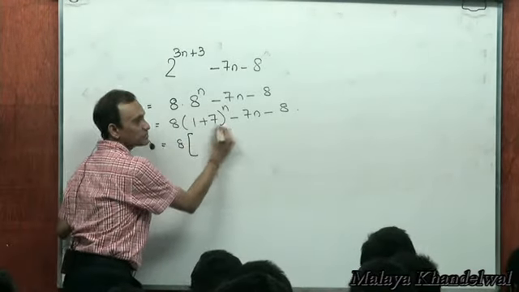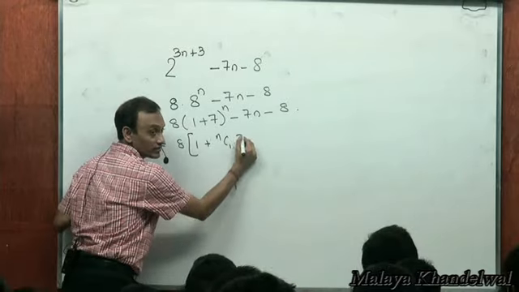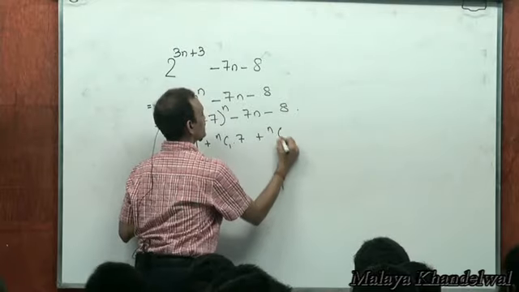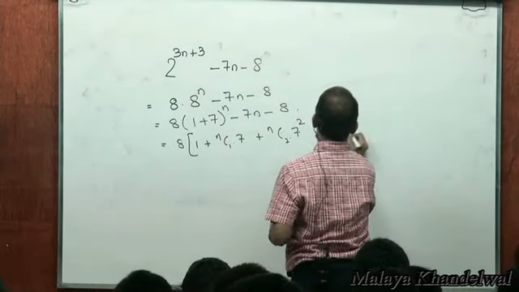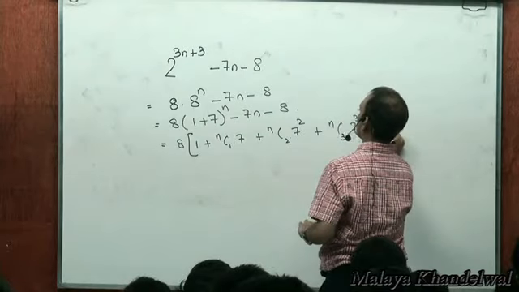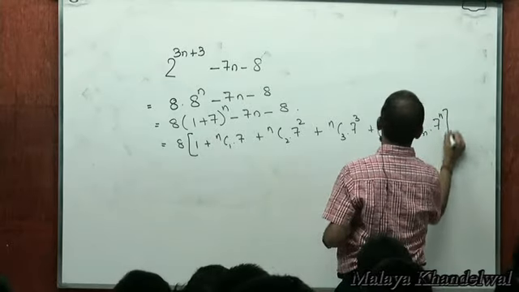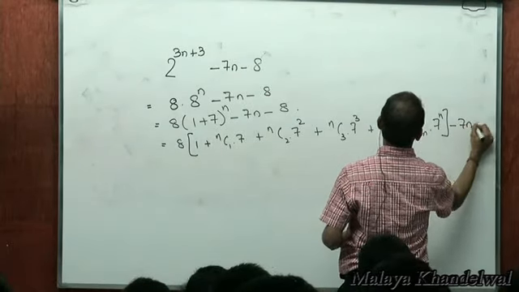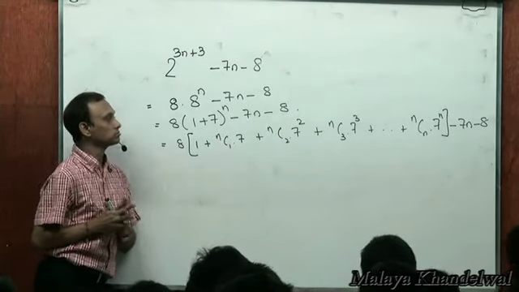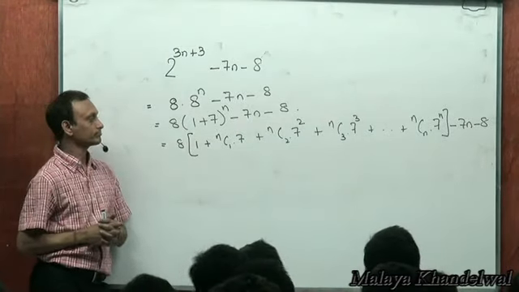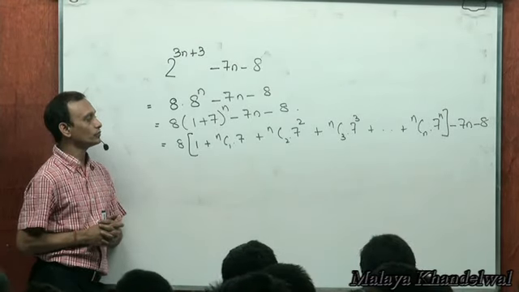Now I expand this binomially: 1 plus nC1 7 plus nC2 7 squared plus nC3 7 cubed up to nCn 7 to the power n, minus 7n minus 8. Yes or no?